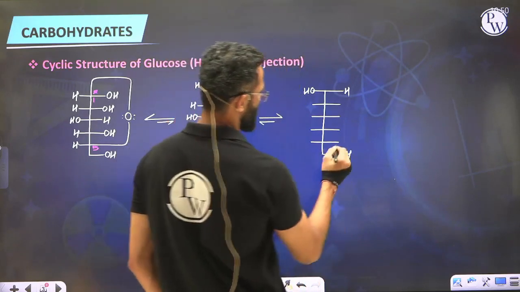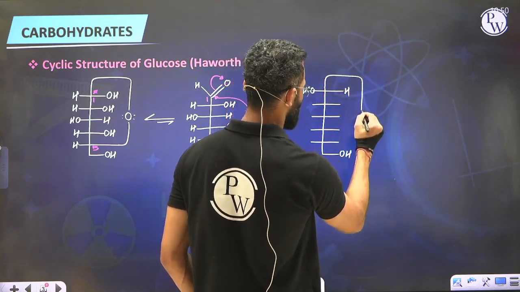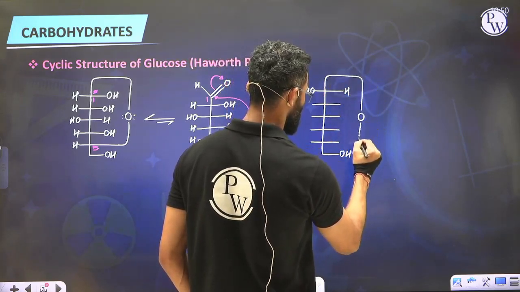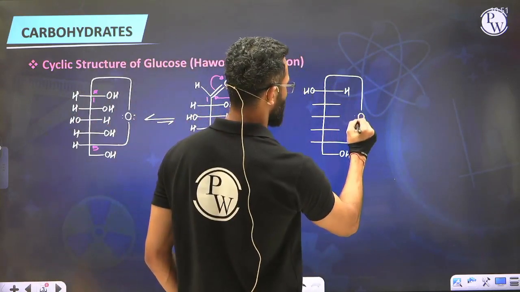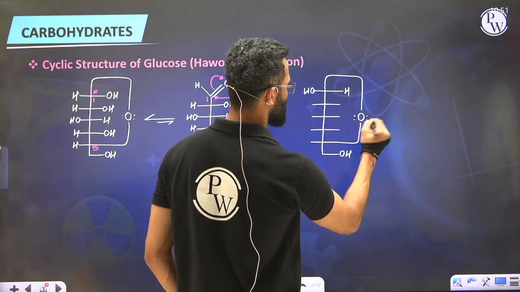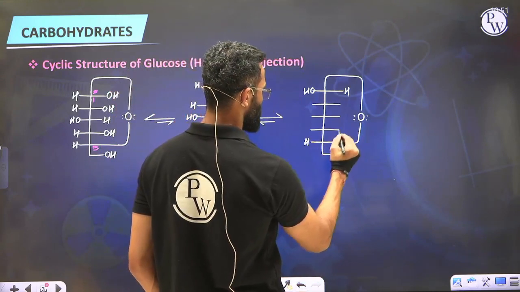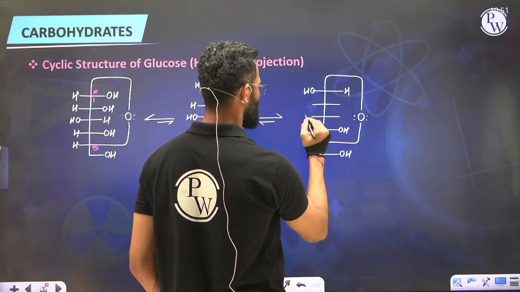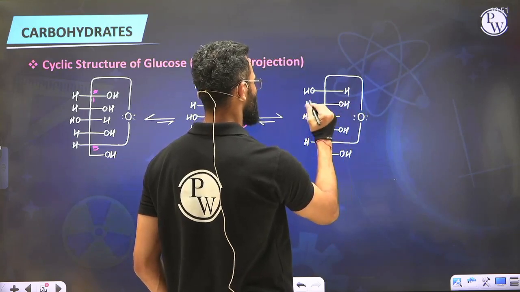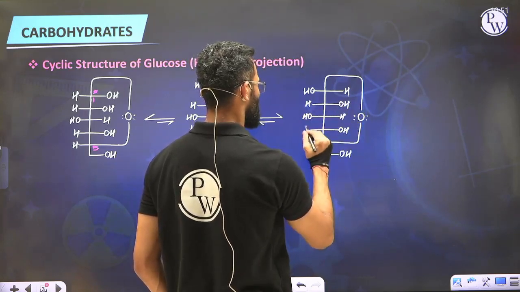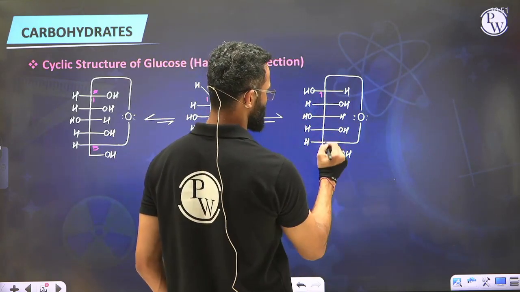Alright, now carbon number 1 is further connected through oxygen linkage with carbon number 5. Right, everyone? Remaining valencies, we are going to keep as they are. So this was the 6th carbon, 5th, right, right, left and right, and the remaining valencies are just hydrogen atoms.